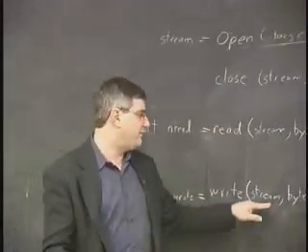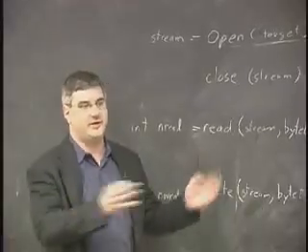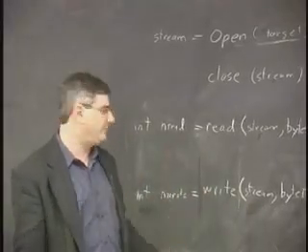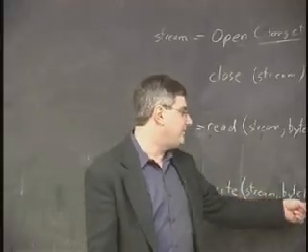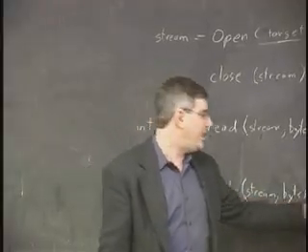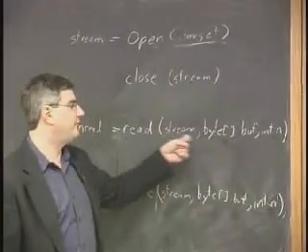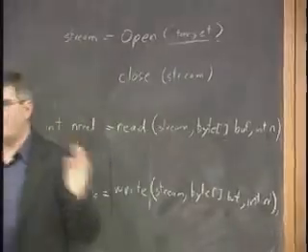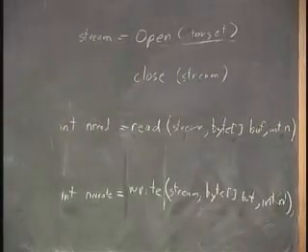But the types of the things that you need are universal. They're going to be represented in different ways and in different orders. But basically, you need the thing that you're writing on, you need a buffer to get stuff from, and you need a count. So this is a very, very generic idea. This is syntax that's probably not particularly applicable anywhere.